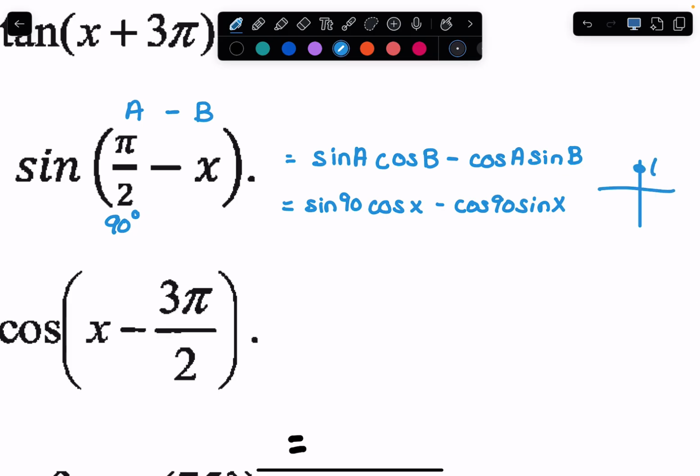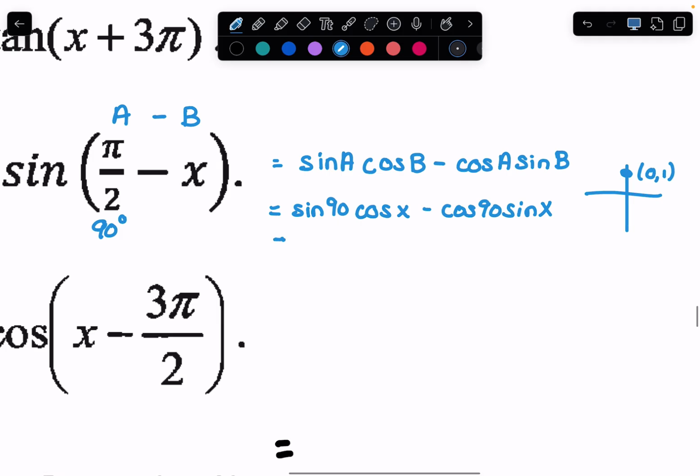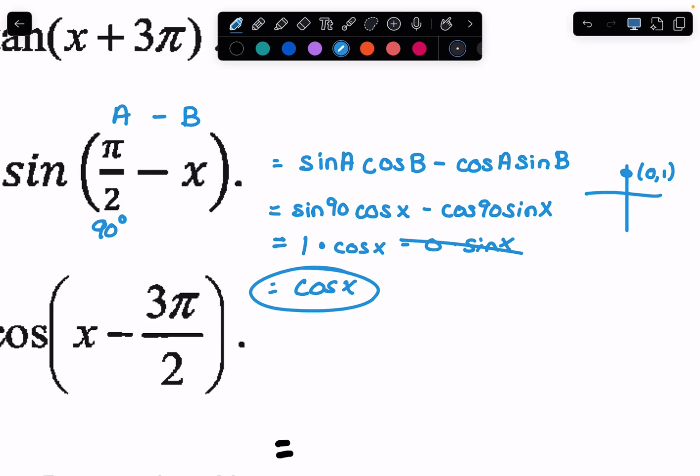What's the point right there? 0, 1. Sine is x or y? Y. So sine of 90 is 1. 1 times cosine x. What's the cosine of 90? 0. 0 times sine x. Well, 0 times anything is 0. What's my answer? Cosine x. Yep.